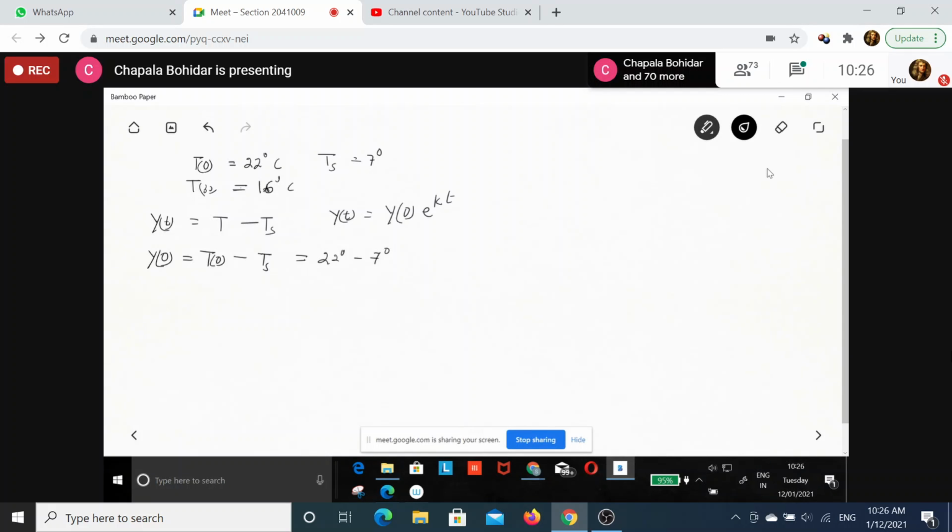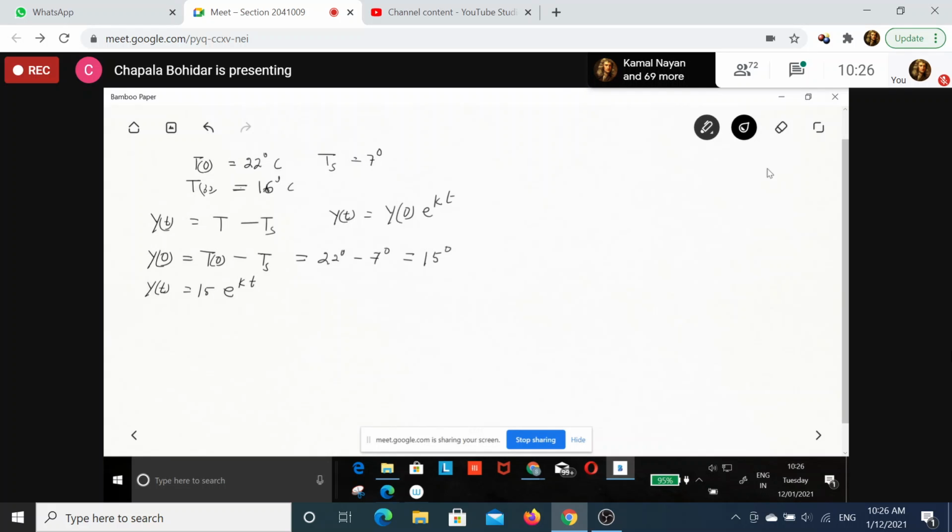How much is it? It is 15 degrees. So we get the value y of 0 as 15 degrees. Now we can write y(t) is equal to 15 e to the power kt. Clear?